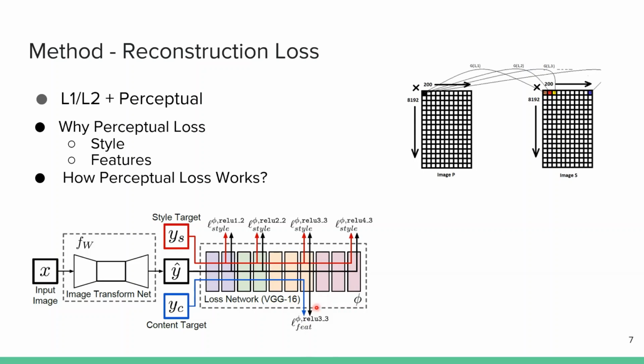Okay, so next we know that the intermediate layers of the convolutional neural network capture the image features and style information very well. That is why we use the feature maps of the convolutional neural network that are produced when the reconstructed image, represented by y hat over here, from the autoencoder is passed through the CNN.